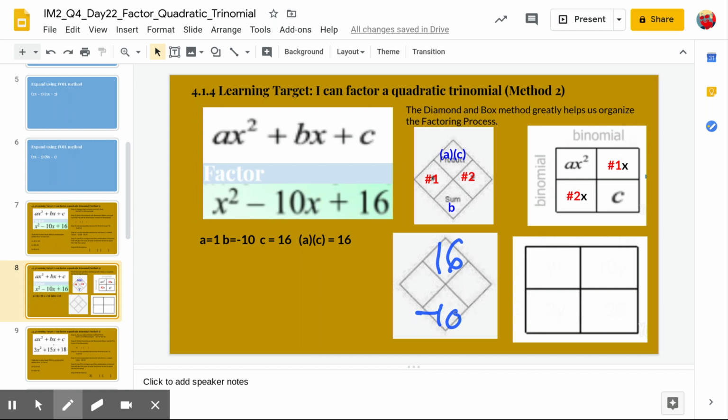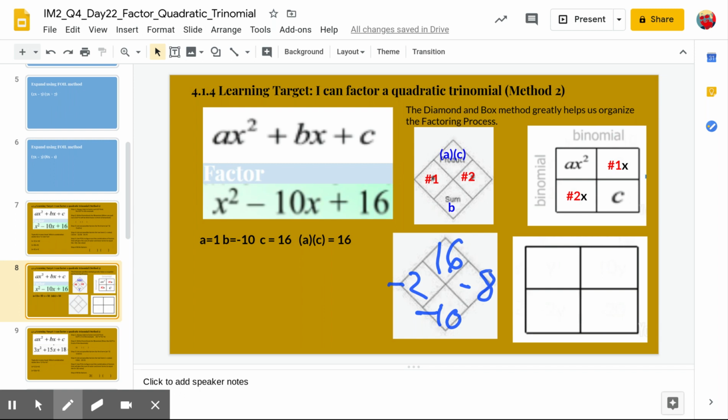So when we do that, you got to think of all your combinations of 16 again. So we're going to get negative 2 and negative 8. Make sure it works both ways. Does negative 2 times negative 8 equal positive 16? Check. Negative 2 plus negative 8 equal negative 10? Check.